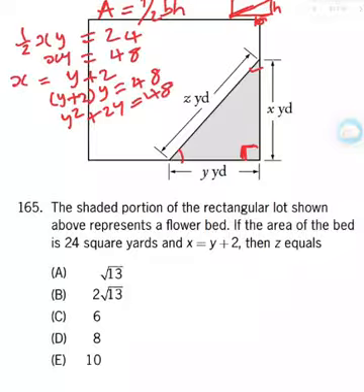Remember that this is already a quadratic equation. y squared plus 2y minus 48 equals 0. Two numbers that multiply to get 48 and add to get 2 are what and what? Let's go as close as possible.